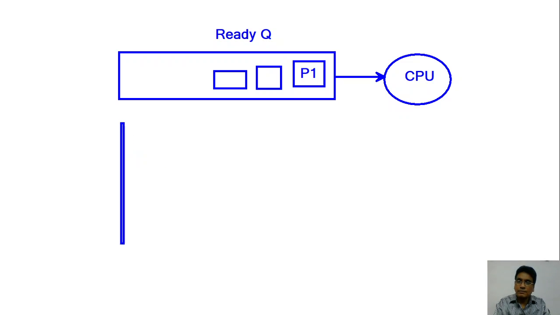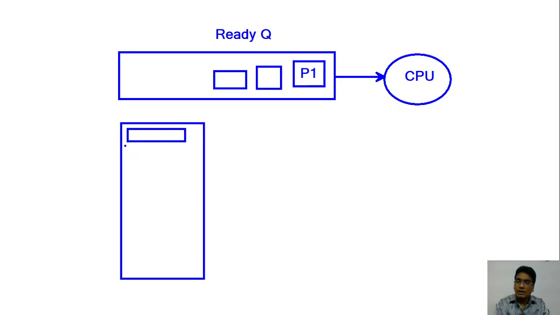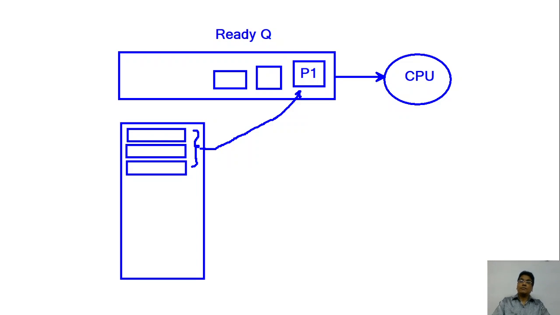requires some frames in the memory. So there will be some frames associated with every process that is currently being used or that is there in the ready queue, because it is active, and some frames must be there for that particular process.